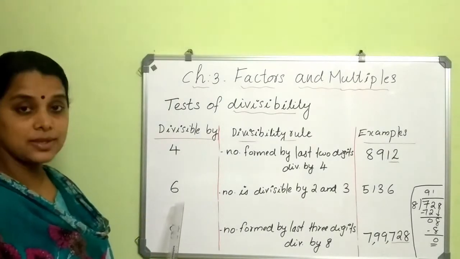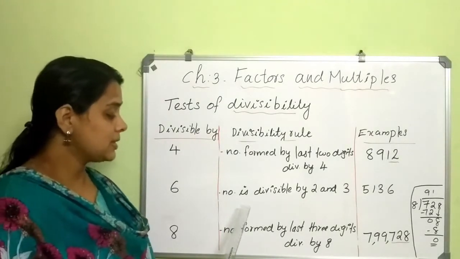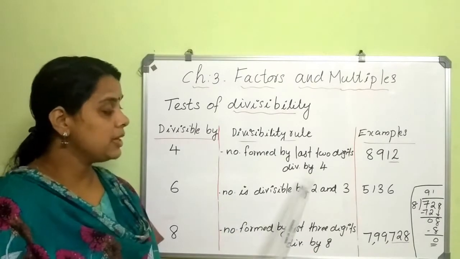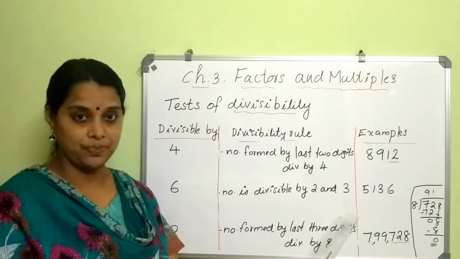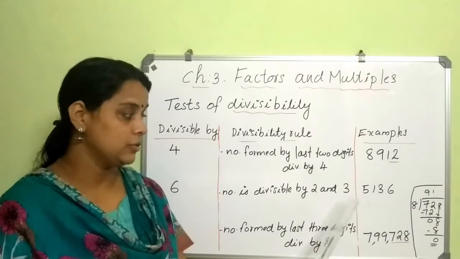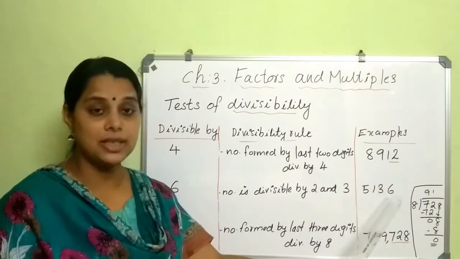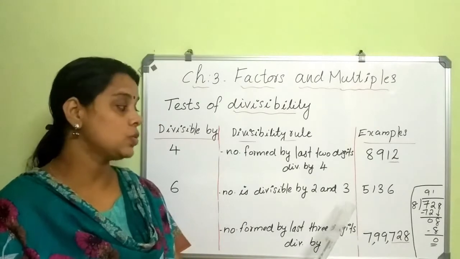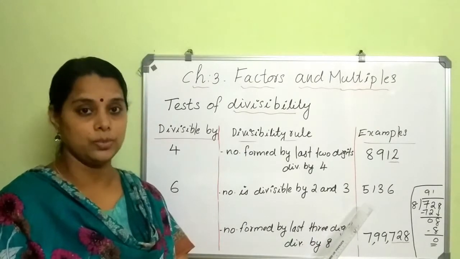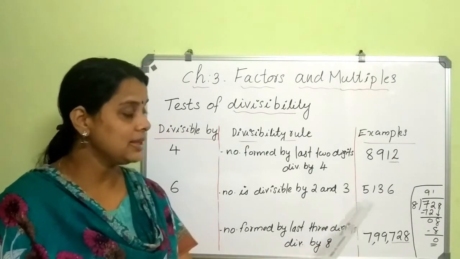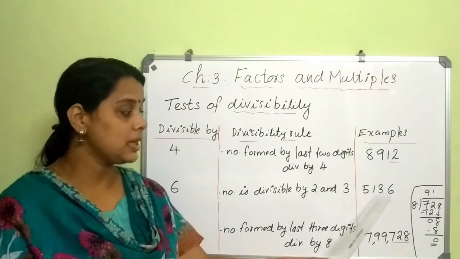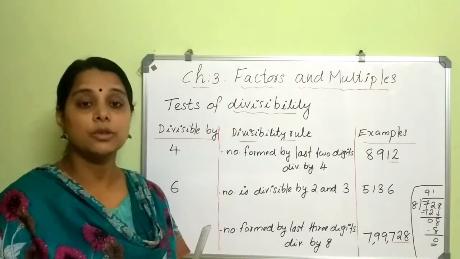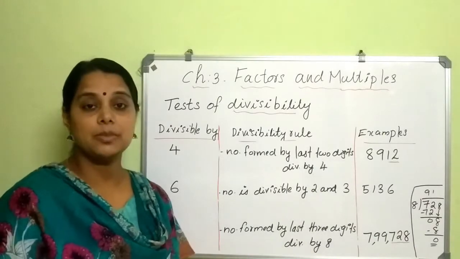Next is divisible by 6. The rule is the number is divisible by 2 and 3. See the example here: 5136. The last digit is 6, that is even, so the number is divisible by 2. Now when we add the digits 5 plus 1 plus 3 plus 6, we get 15. 15 is divisible by 3.